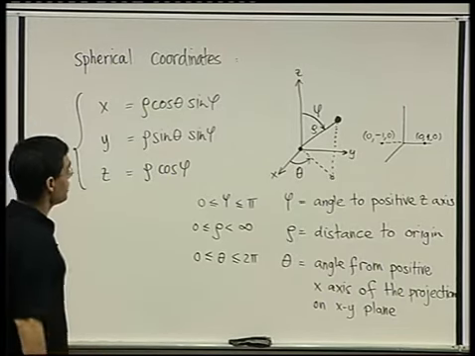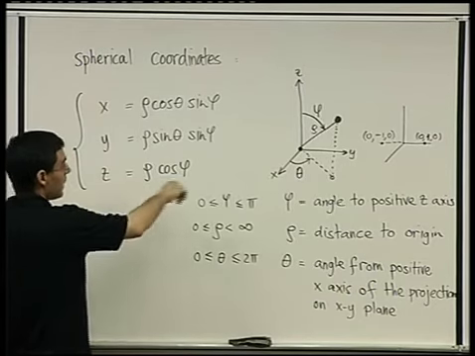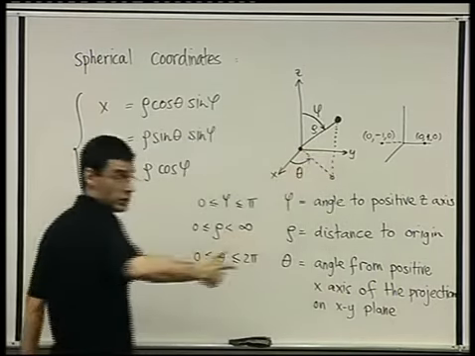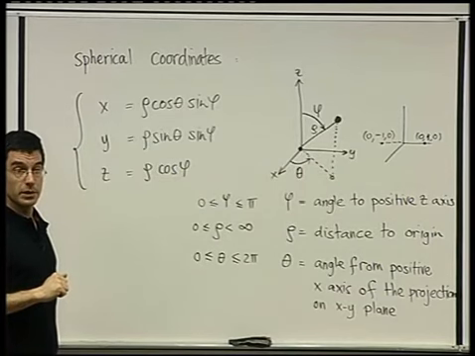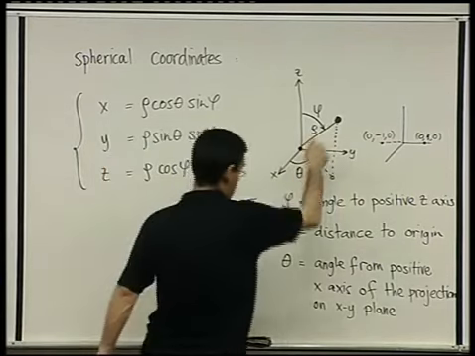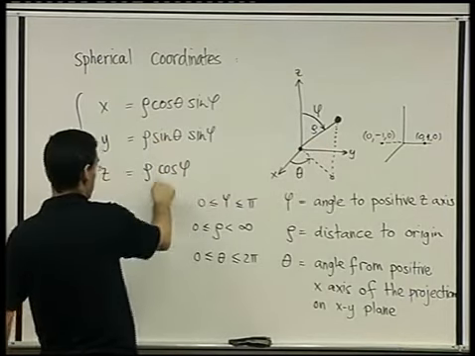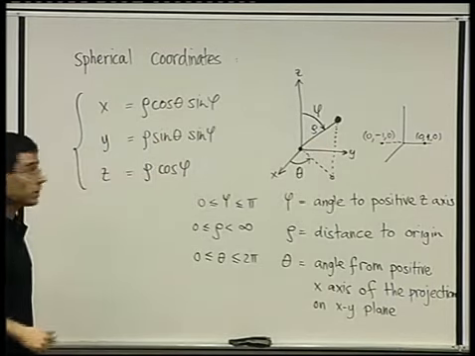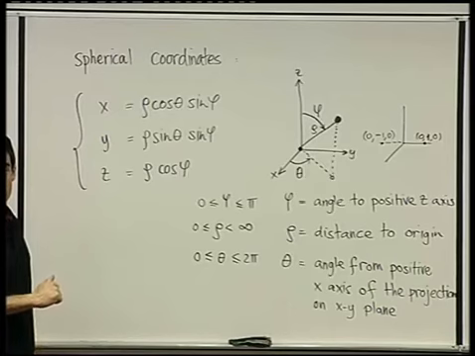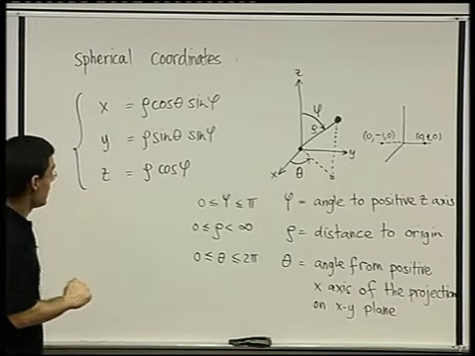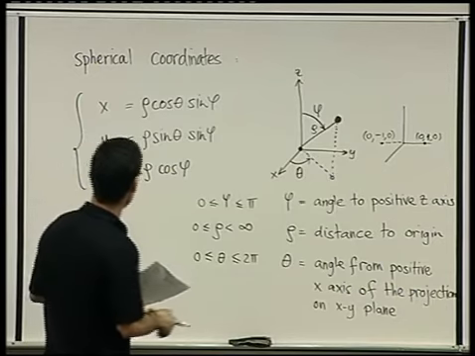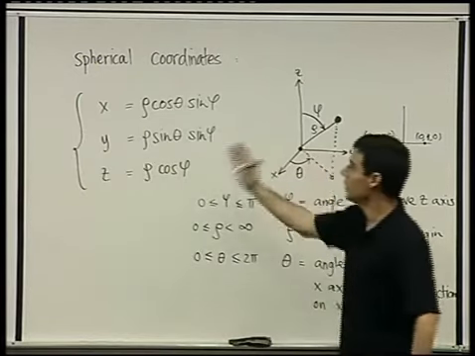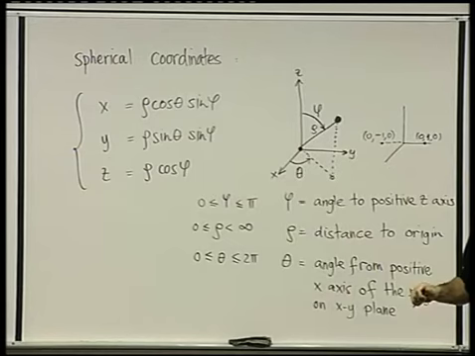For example, you can check that x squared plus y squared plus z squared should equal rho squared. Do you agree? Rho is the distance to the origin, so x squared plus y squared plus z squared should equal rho squared. You can verify that. Okay? So I'm leaving it to you to figure out all these relations.